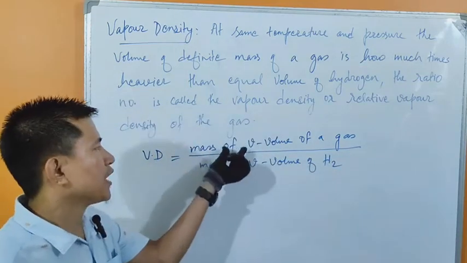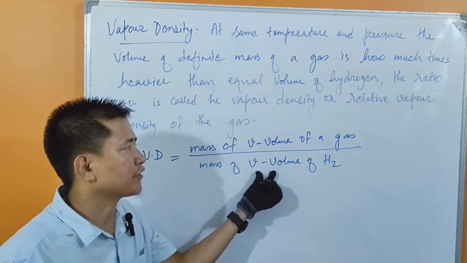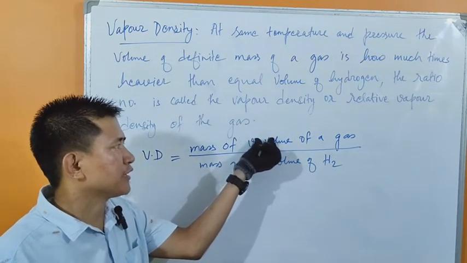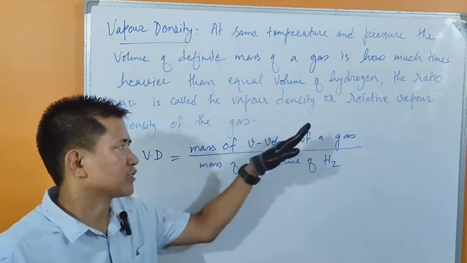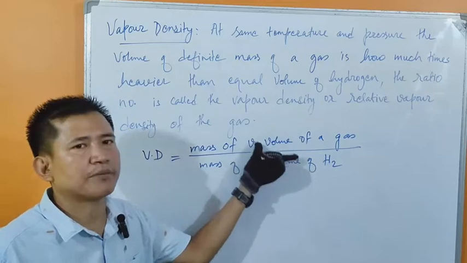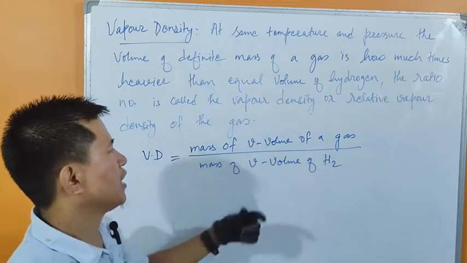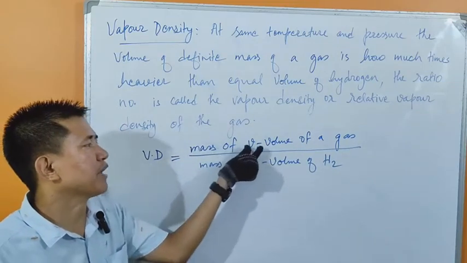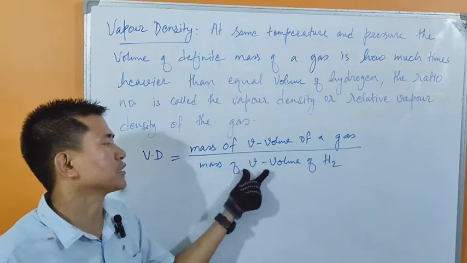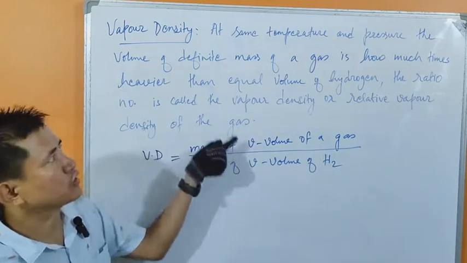Got this point? This will also be in kg or gram. When we cancel the units, this will remain a ratio. This is just a ratio number, and this is the vapor density of the gas according to the definition.